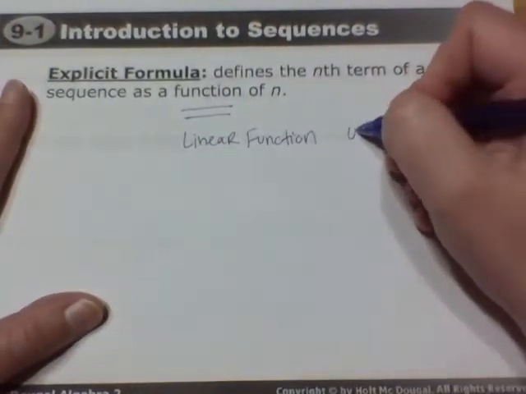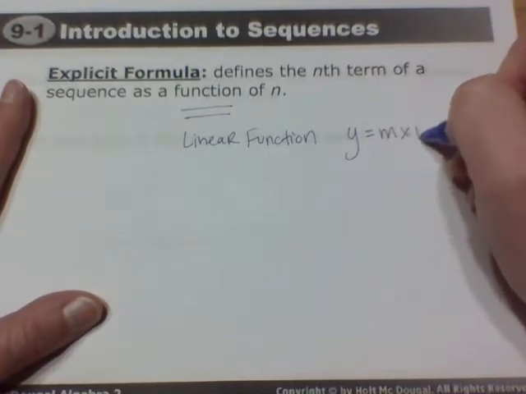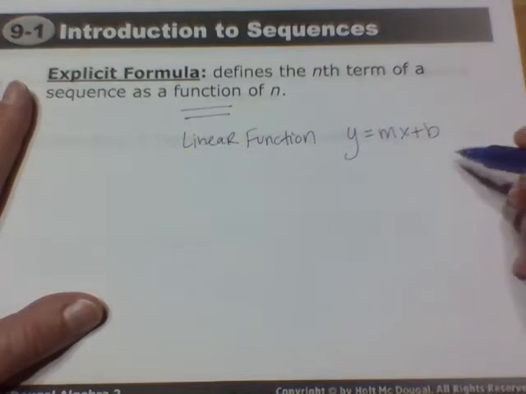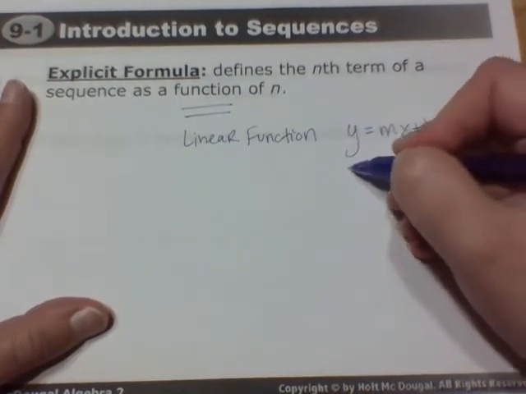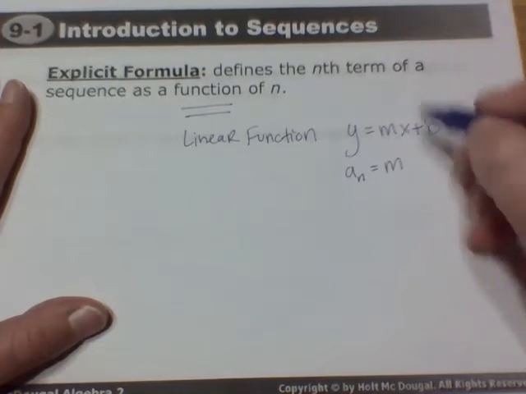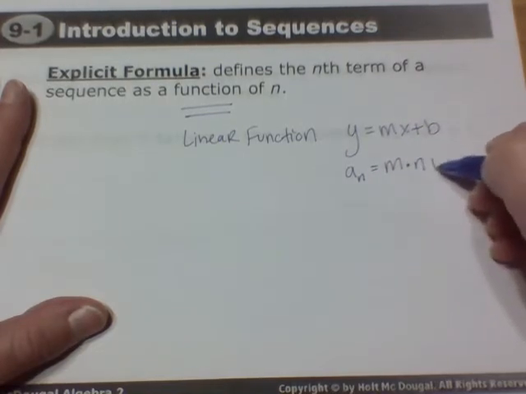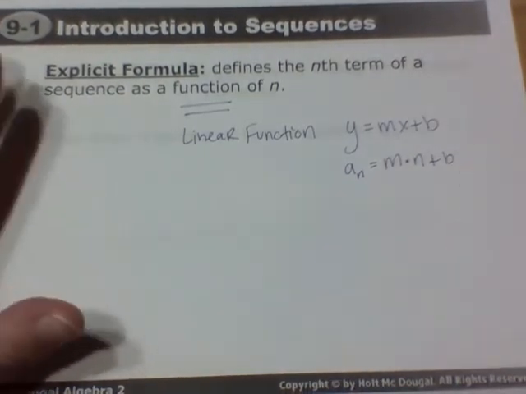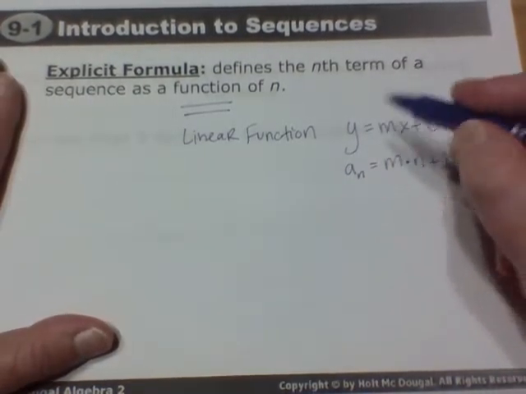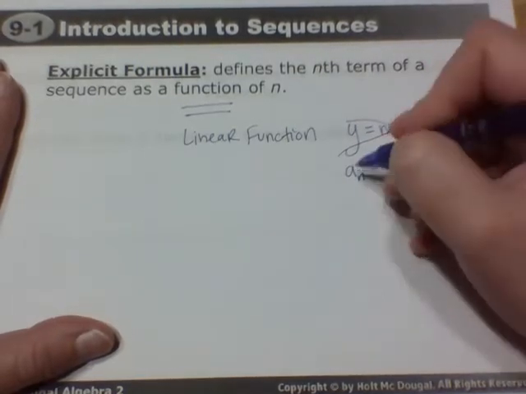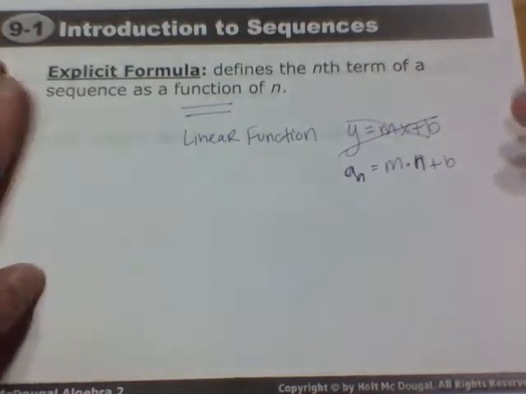If we think back to our linear functions of mx plus b, remember, however, that it's a little bit different because now instead of y, we have a sub n, and instead of x, we have an n, and then potentially, depending on what the slope and the intercept are, those would change as well. So we are not going to have this format anymore. We have our n for x, and then our a sub n for our y.